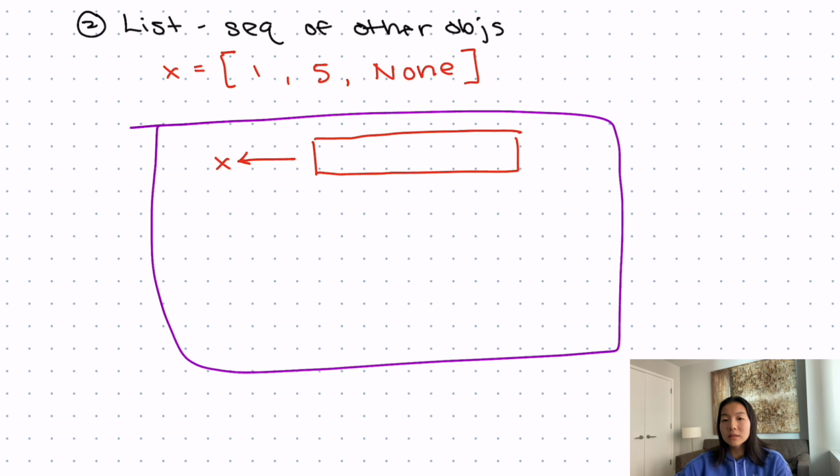And I don't want to get this confused with strings, okay? Strings are not lists. Strings are just sequences of characters, okay? But we're going to make sure that we know this is a list by drawing an L up here for a list, okay? So this is 1, 5, and none.